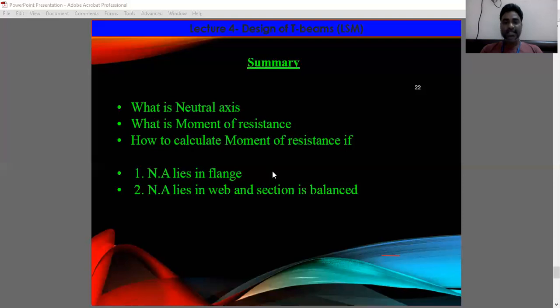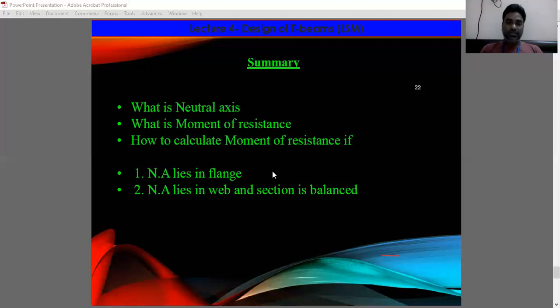So in this case, what happened? As per IS 456, you need to modify the thickness of flange to make the rectangular stress distribution within the thickness of the flange, right? So that modified thickness we need to determine, that is called yf, and yf should be calculated as per the code provision.